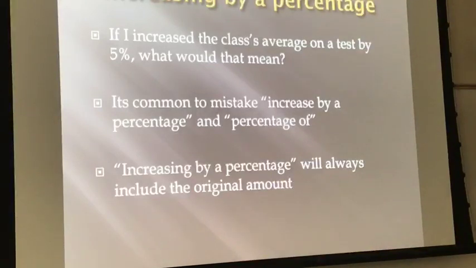Sometimes we'll have a tendency to confuse increase by a percentage with a percentage of. So okay, you scored 100 on the test, we'll make it easy. I said I'm going to increase by 5%. What's your new score? 105, right?